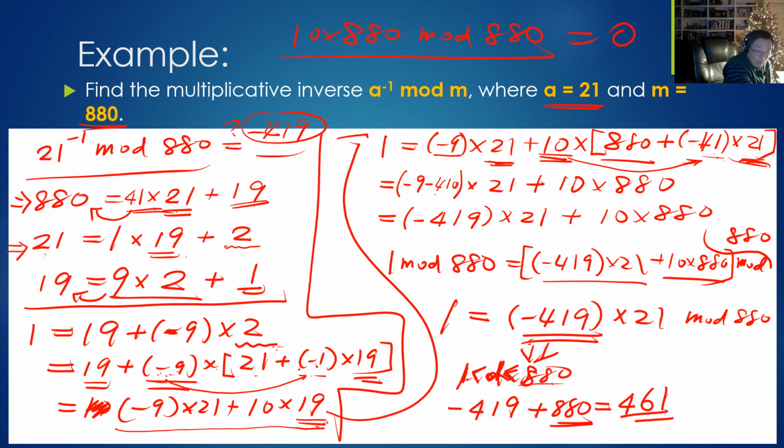So I got this number, so the answer is 461. Okay, so that's the answer. Now you can verify. How can you verify? Just compute 21 times 461 mod 880 to see whether the result is 1.